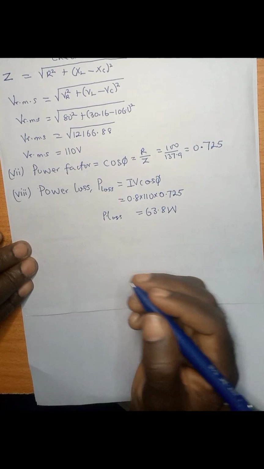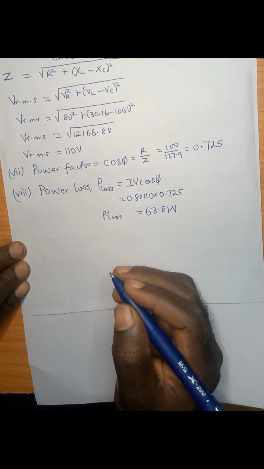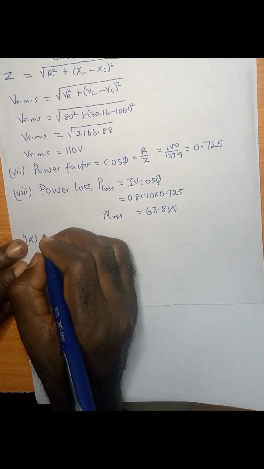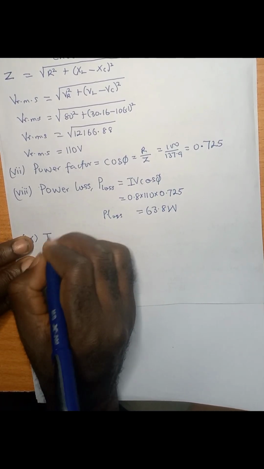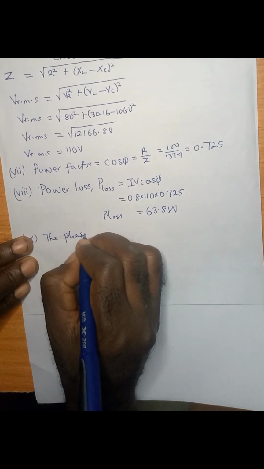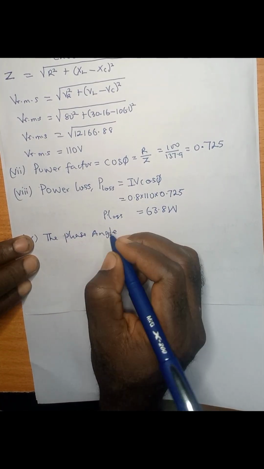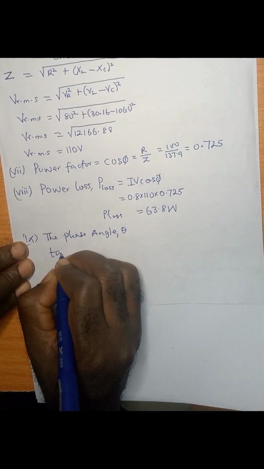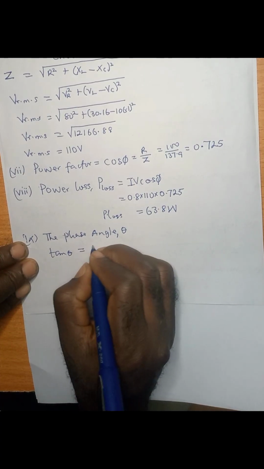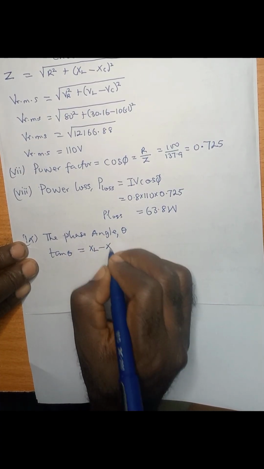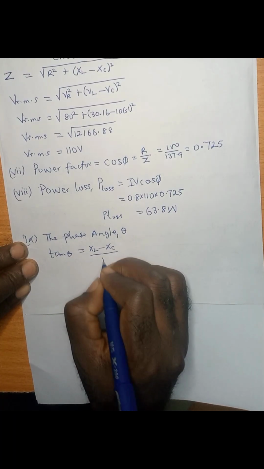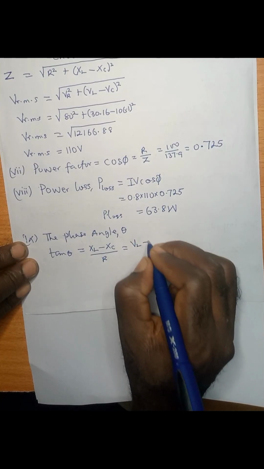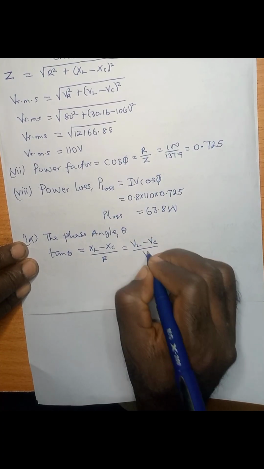The last part is to calculate the phase angle. If the phase angle is theta, then tan theta is given as (XL minus XC) over R. Or if you want to use voltage, we use (VL minus VC) over VR.